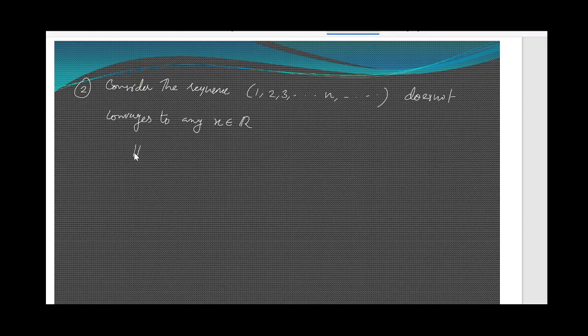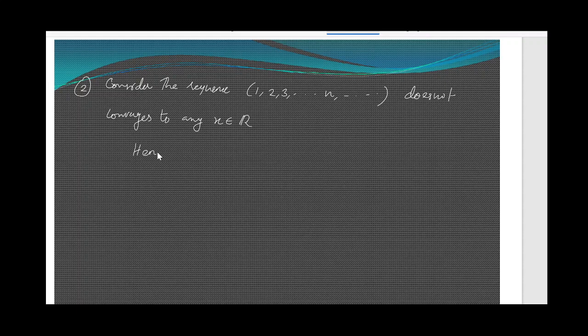So how to prove it diverges or is not converging? So here our sequence is xn equal to n, right?